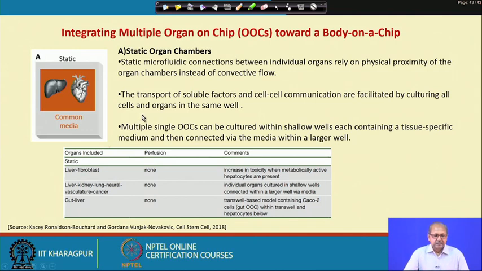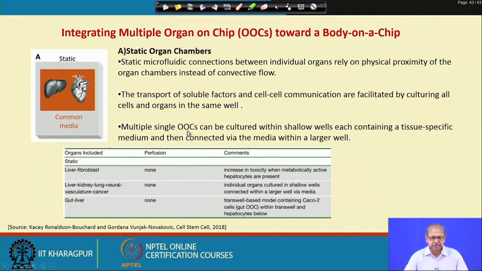The first one is integrating multiple organ chips in a static organ chamber. Static organ chamber means there is no convective flow, and in only one chamber different organ on chips are there, or in a big, say, petri dish, small petri dishes are there where the individual organ on chips are present and they are bathed in the same media.